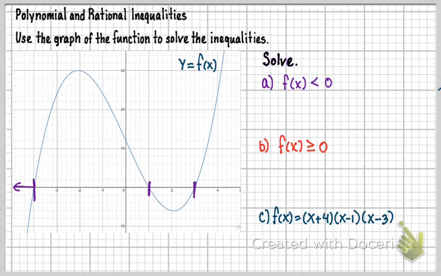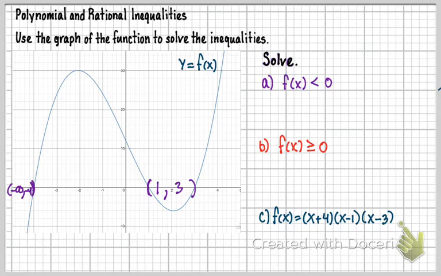So for f of x less than 0, this is just less than, not equal to, so I can't include the negative 4. It's going to be negative infinity to negative 4, and this interval here is going to be from 1 to 3. Those are the only two intervals where f of x is less than 0.